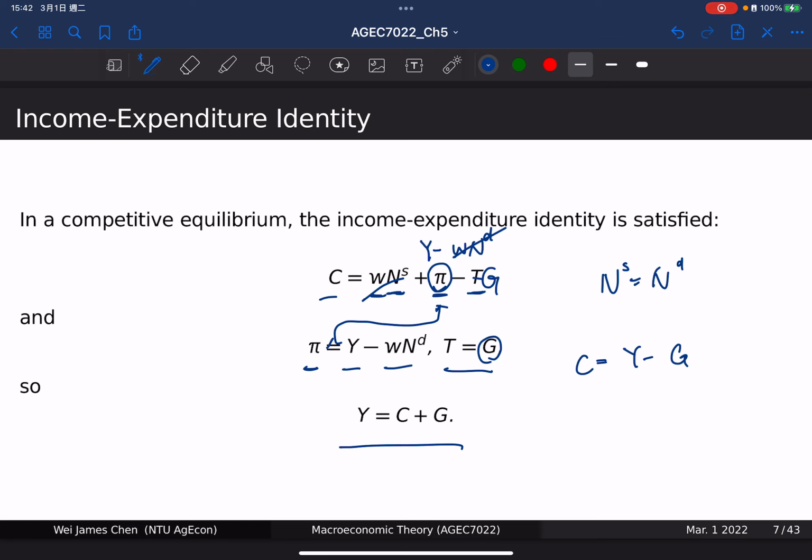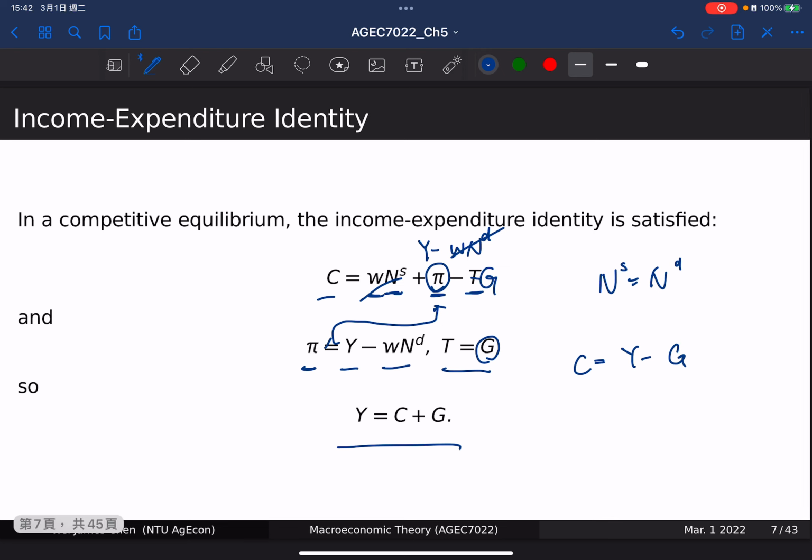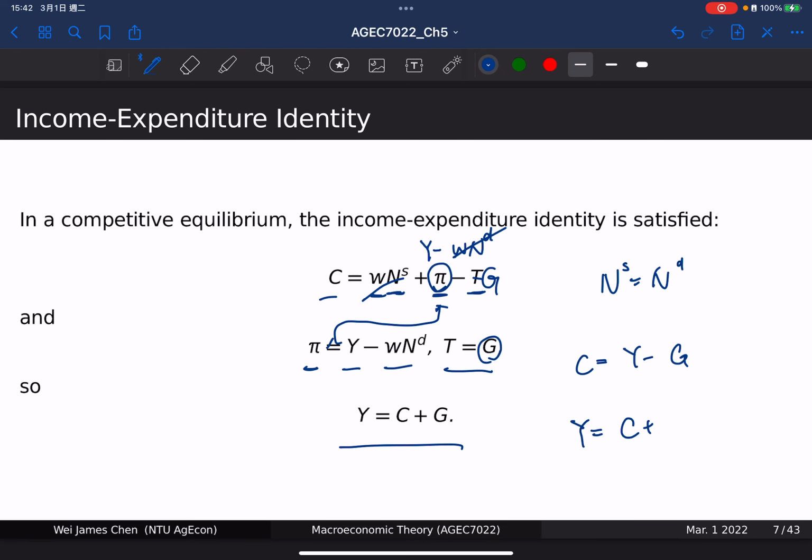If you don't know what I'm talking about, in intermediate macro you must have seen this. Y equals C plus I plus G plus NX. You know what I'm talking about? NX is net export. That is the term that only exists when there is international trade. We don't have international trade, so this is zero. What is I here? I is investment.